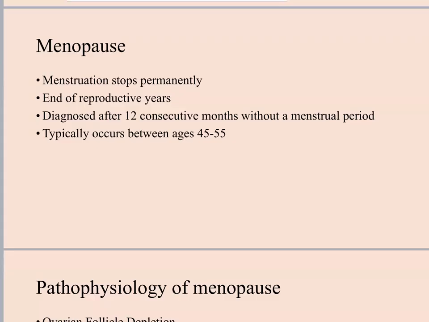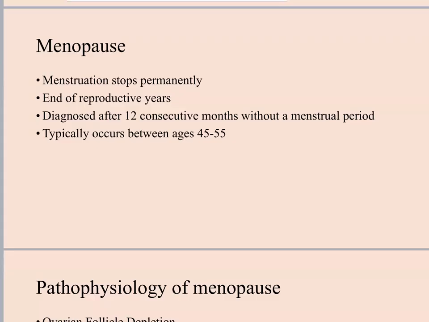That consecutive part is really important, because say you're a woman who believes she's in menopause, you have 10 months, no period, you're getting ready to throw out all your tampons, all your pads, be done with it. You start having a little tiny bit of bleeding. Well, you're not menopausal. The count starts all over.